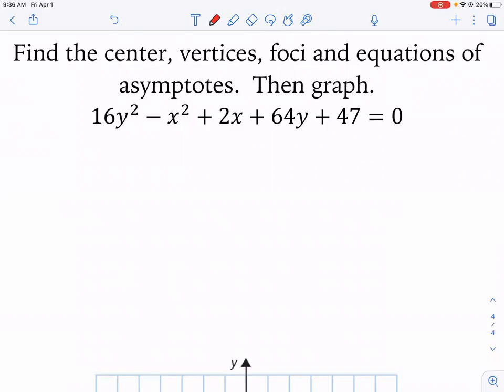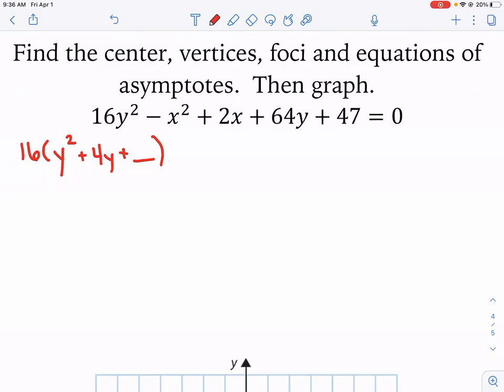16y squared, that 16 is going to have to be factored out of the y squared and, oh man, what do you get when you factor 16 out of 64y? Oh, good. You are on top of it today. When you are completing the square for a hyperbola, your second squared variable is going to have a negative coefficient.